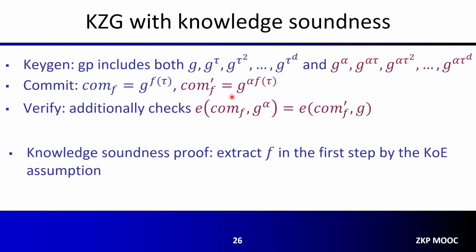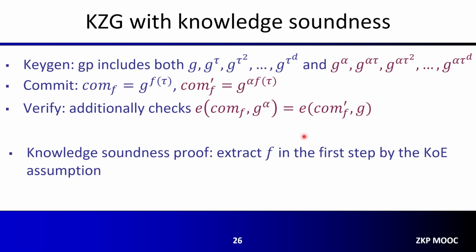Each commitment consists of two parts, g to the f of tau and g to the alpha f of tau. To verify the correctness of evaluation, in addition to the pairing equation that checks the polynomial equation, we also check that the pairing of com and g to the alpha equals the pairing of com prime and the generator g.